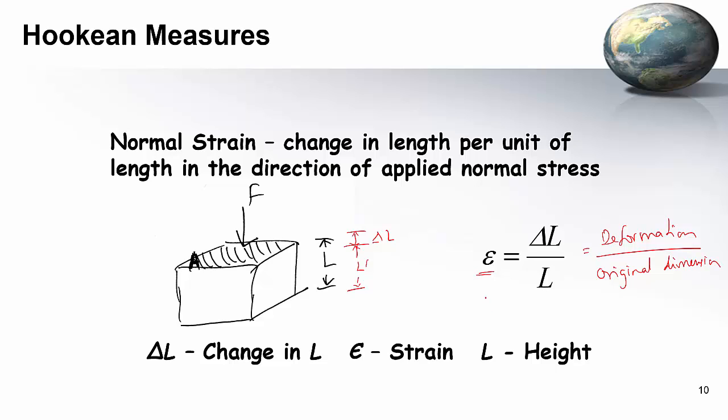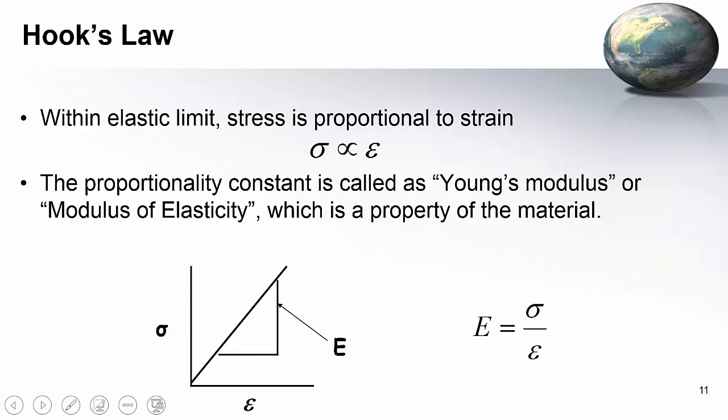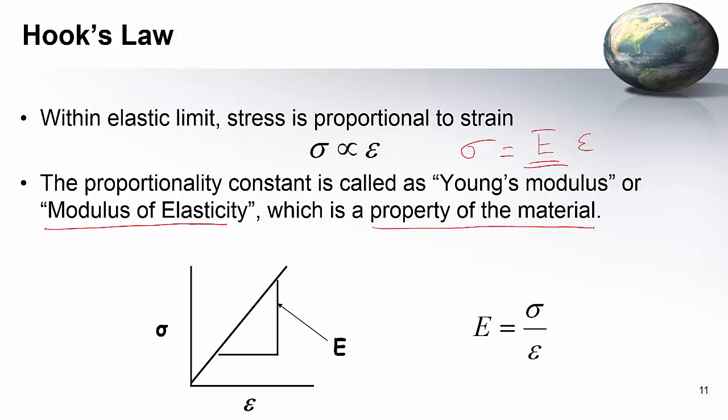That's the strain. It is unitless. Hooke's law states that the stress is proportional to strain. The higher the stress applied, the more the deformation and the more the strain. The proportionality constant is Young's modulus or modulus of elasticity, which is a property of a material.